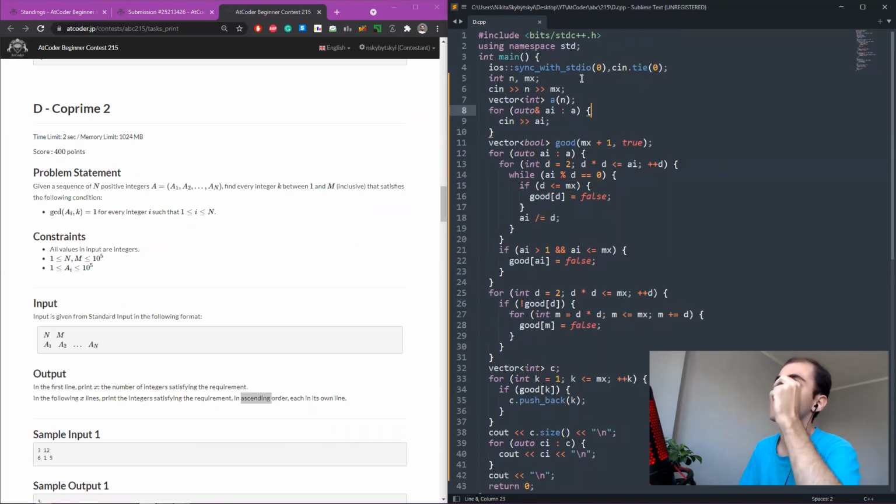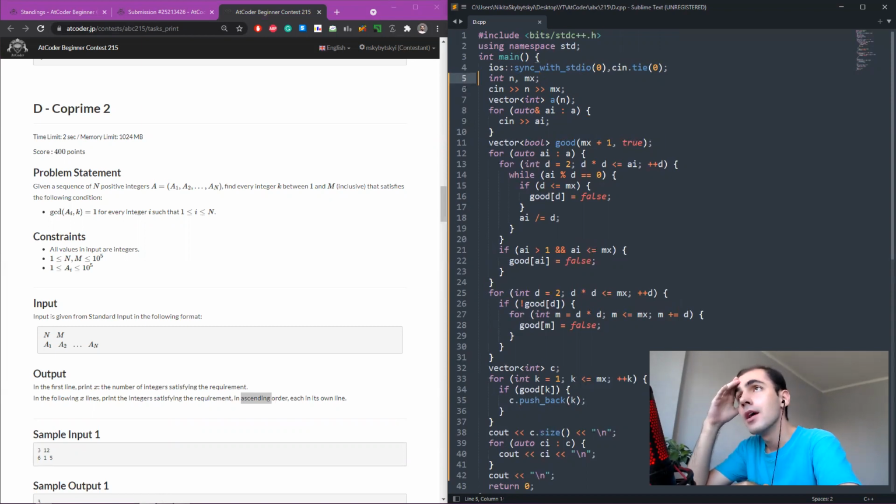okay, we just have to read our code carefully. We have n, we have the maximum that we want to check. We read them, we read our array, have a Boolean array of size that fits all numbers from 1 to mx inclusive. Originally, every number in this range is good.